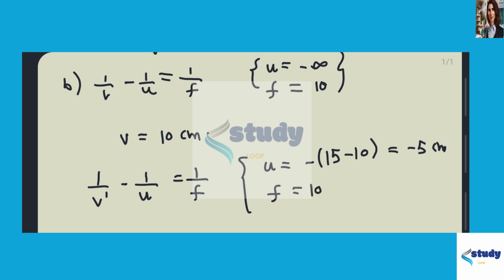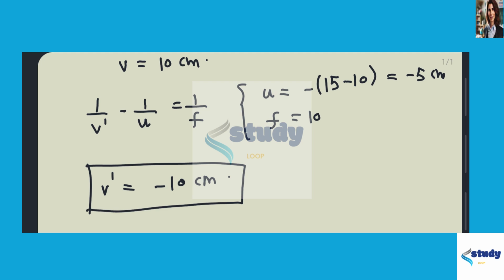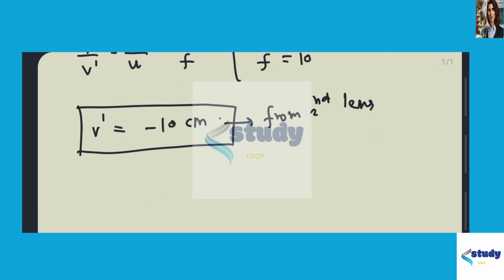The focal length is 10 centimeters, so we can substitute this to find the location of the final image, which is minus 10 centimeters. So the virtual image will be at 5 centimeters from the first convex lens and minus 10 centimeters from the second lens. So v' would be 5 centimeters from the first lens, in other words.